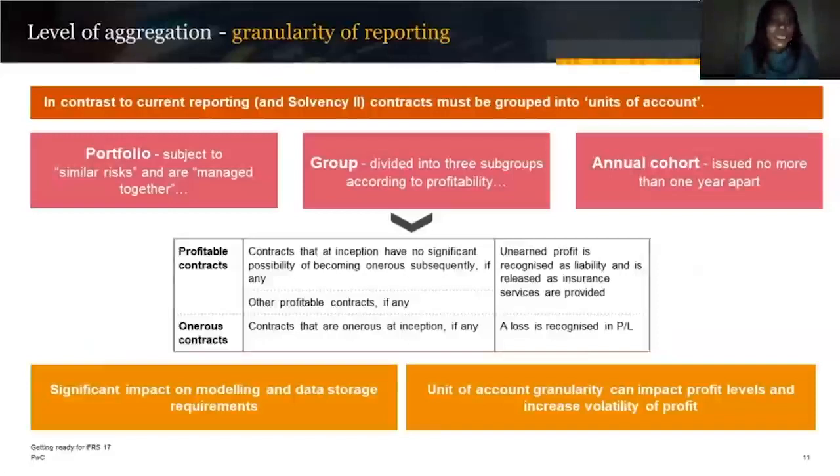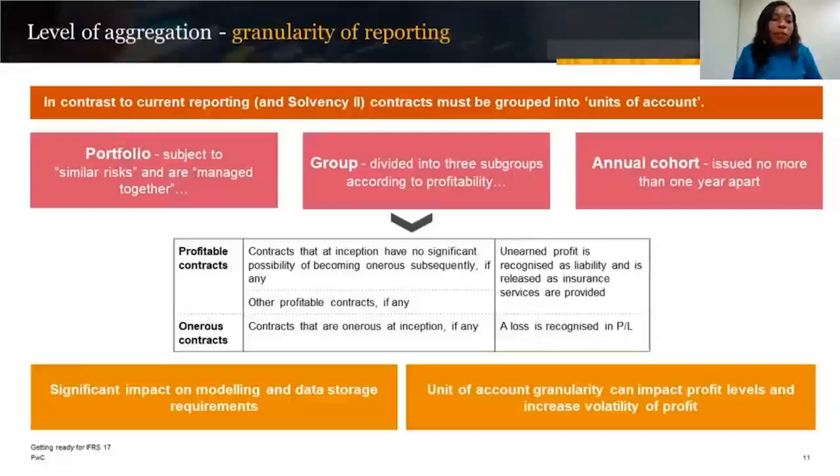So there are three basic considerations in determining how to group your contract. The first one is looking at the portfolio level. So here you will group your contract based on the shared risk characteristics and also how those contracts are managed together. So in our environment, I would expect portfolios to be looking at general insurance, for instance. Your portfolios might be fire, motor vehicle insurance, marine, flood.